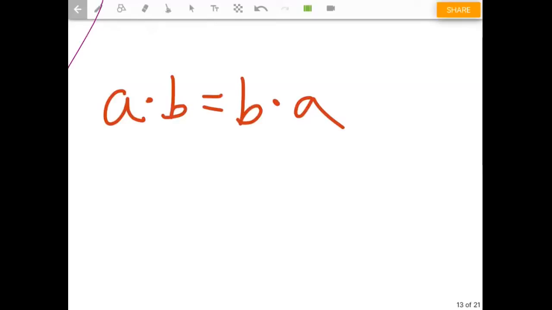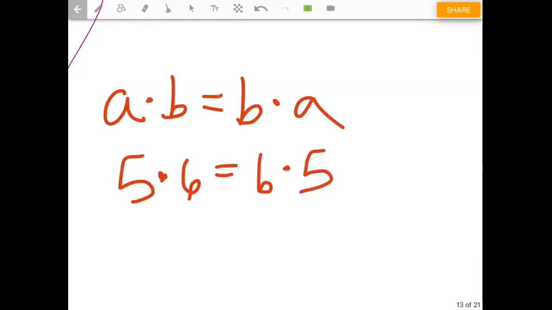Can you read the problem to me? Okay, now what would this one be? It's like 5 times 6 equals 6 times 5. What would that be? Yes, that would be the commutative property. Basically, it says you can multiply in any order. It doesn't matter.